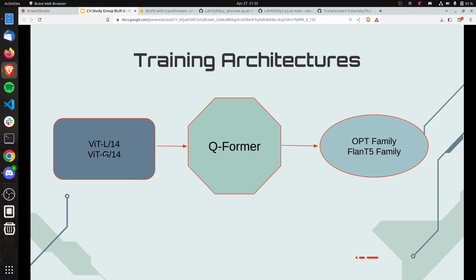So a smaller one and a bigger one, even though large already is large, right? And on the other side, for the large language models, they are using the OPT family, stuff by Meta, right? And the FLAN-T5 family, where OPT is a decoder-based large language model and FLAN-T5 is an encoder-decoder large language model.